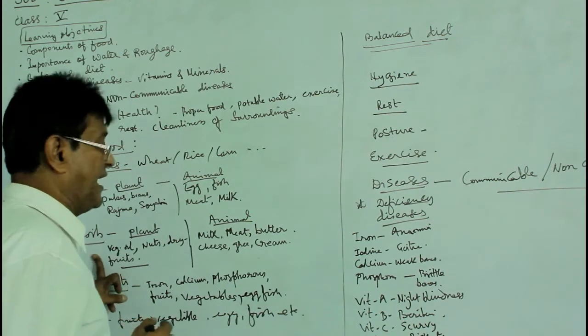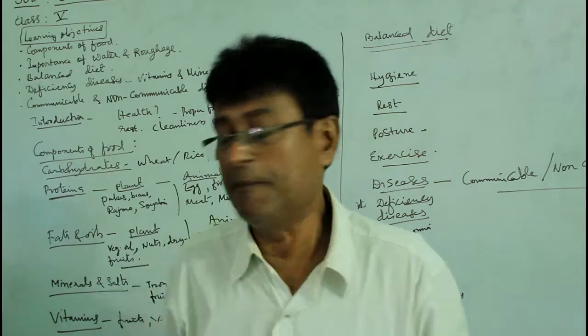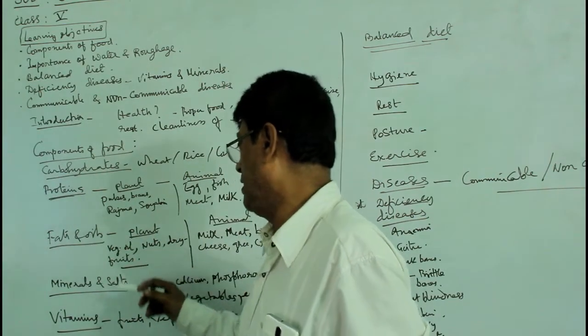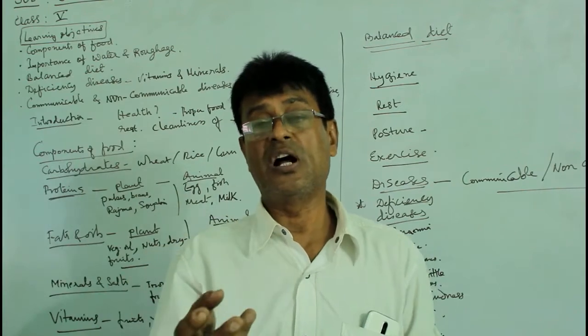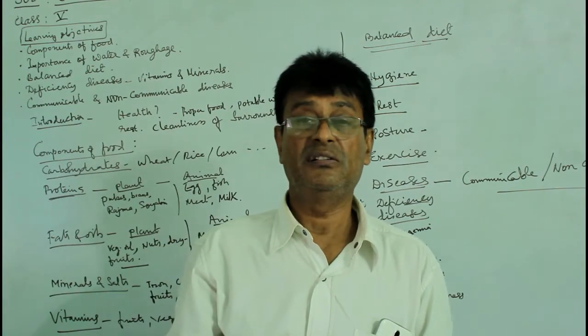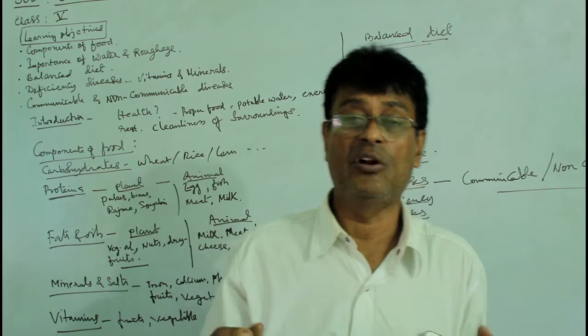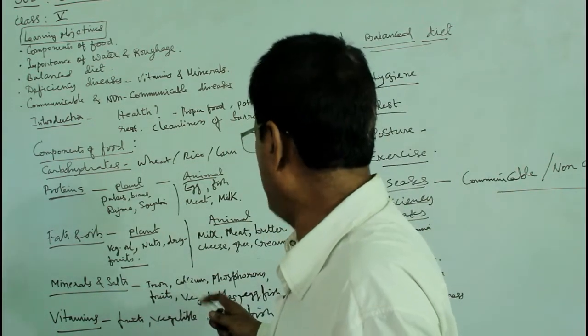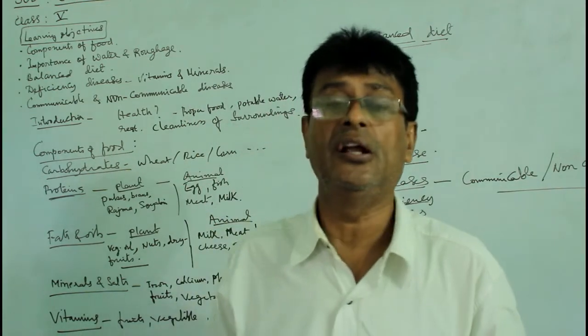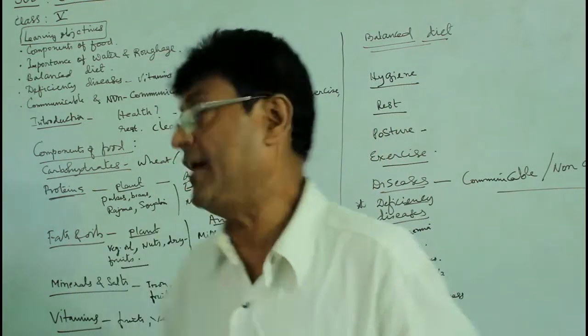Fats are also of two kinds, animal fats and plant fats. Plant fats we get from vegetable oil and all kinds of nuts, almonds, cashew nut, peanut. They all have fats. The dry fruits also have fats.